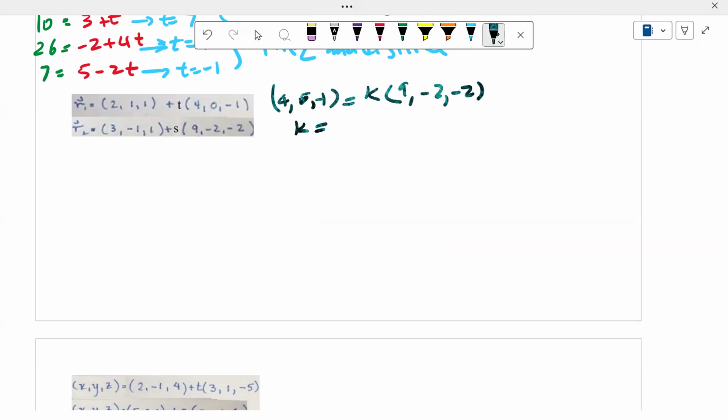So k is equal to 4 over 9. Is it equal to -3? No. Is it equal to 1 over 2? No. Therefore, line 1 is not parallel to line 2.